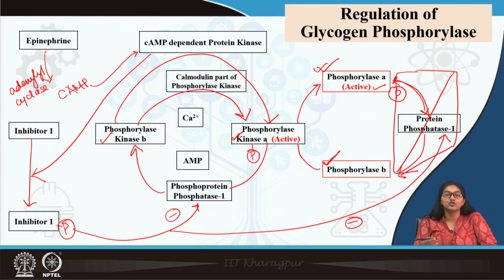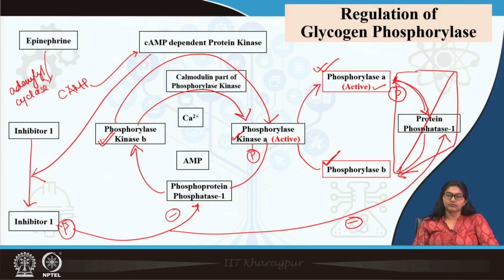Glycogen breakdown can provide energy: breaking down glycogen gives glucose, which will provide ATP. So, AMP is a signal molecule here. It acts as an allosteric activator of phosphorylase kinase in skeletal muscle.